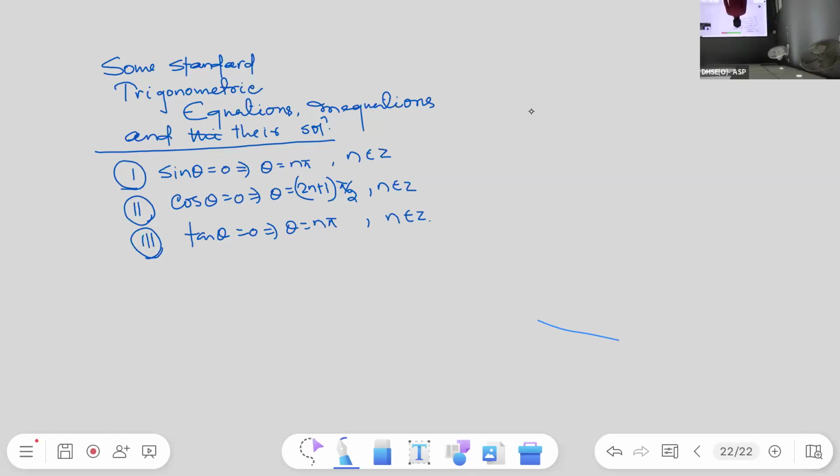Okay, so come to the explanation. Sin theta is equal to 0 implies theta is equal to n pi.